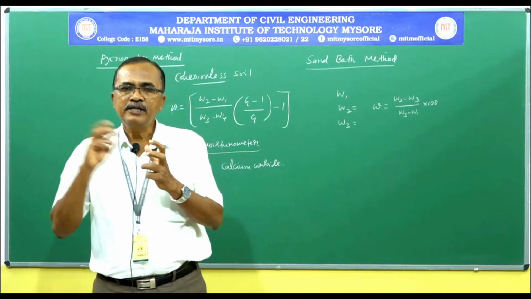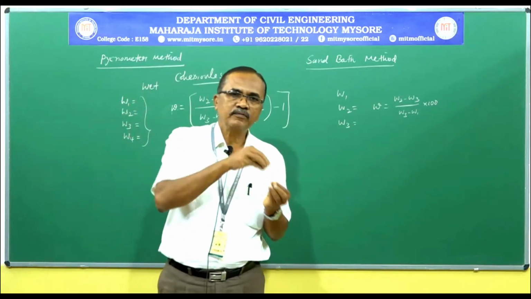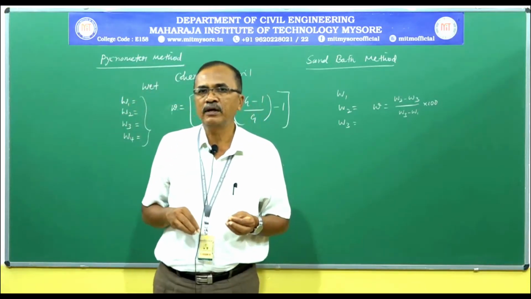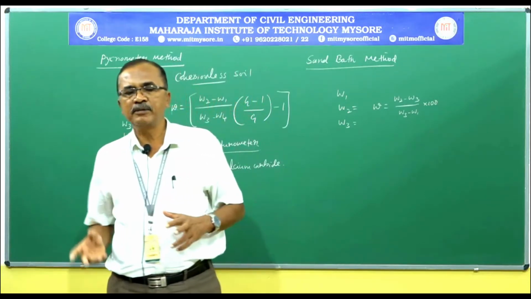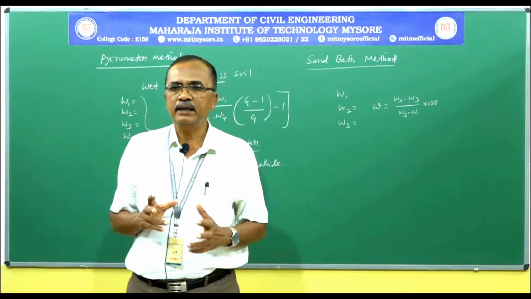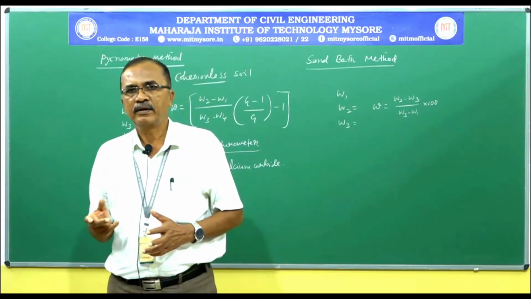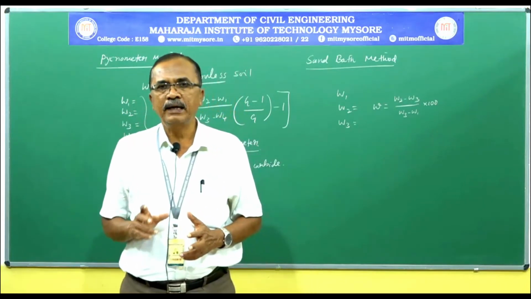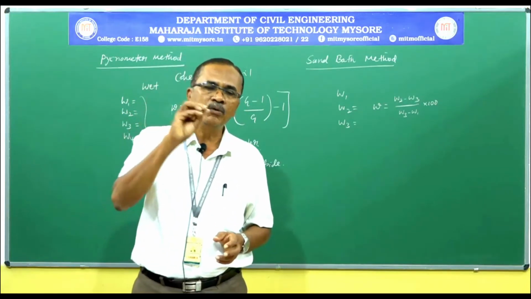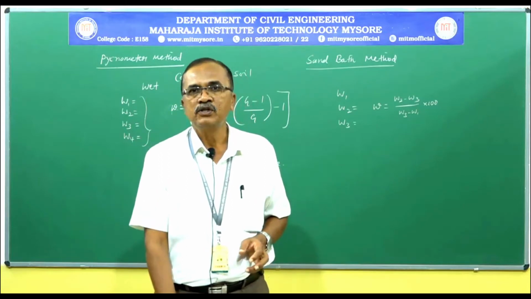So when calcium carbide is added to wet soil, the moisture present in the soil reacts with the calcium carbide, liberating acetylene gas. The amount of acetylene gas liberated depends upon the amount of water present in the soil.